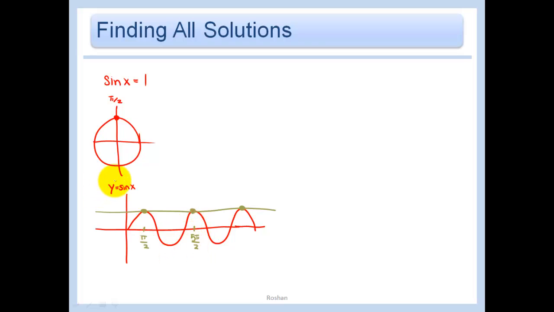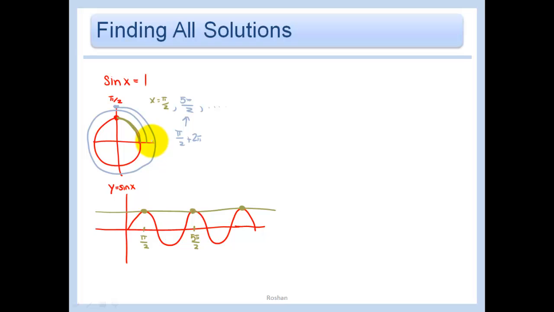So what I'm trying to say is that our answer happens at pi over 2, which is going like this much around the circle. But it also happens when I go around to there, and I go around another time. And so that blue one is my 5 pi over 2, because that's basically pi over 2 plus another 2 pi. They're coterminal, right? And then I could go around another 2 pi and another 2 pi. So this keeps going on.